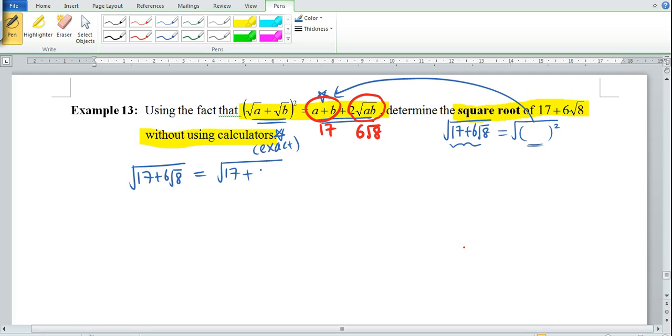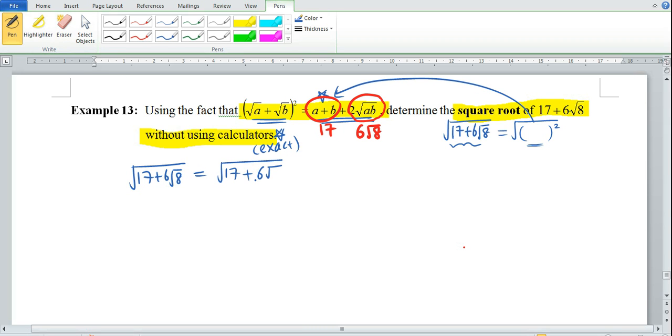So I can rewrite square root 8 as square root 4 times... Actually, please notice something.